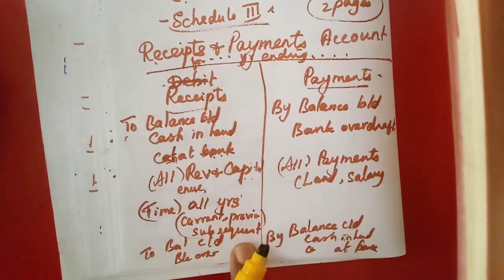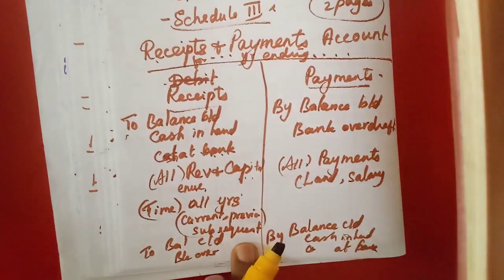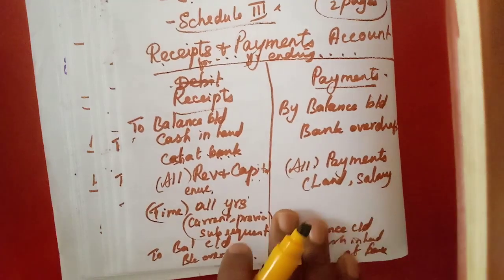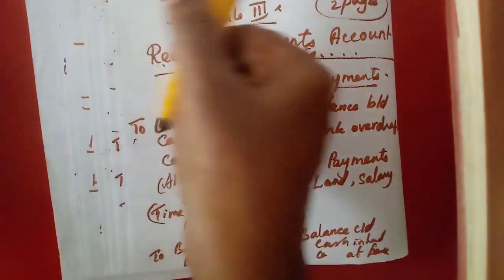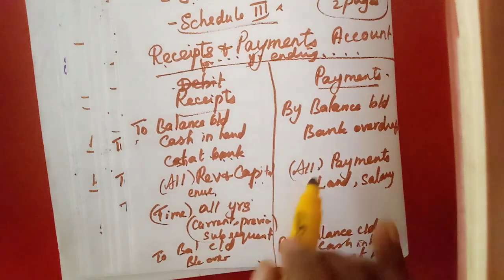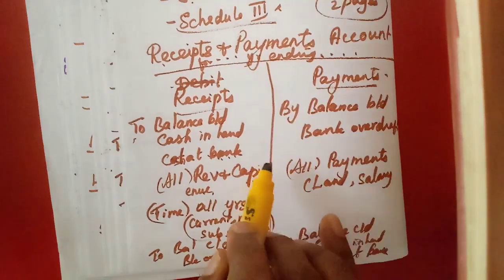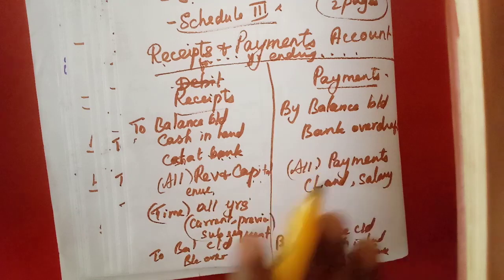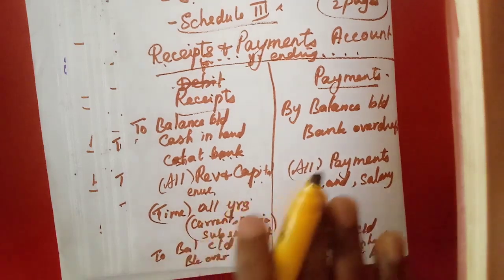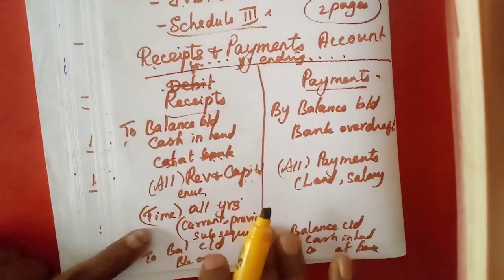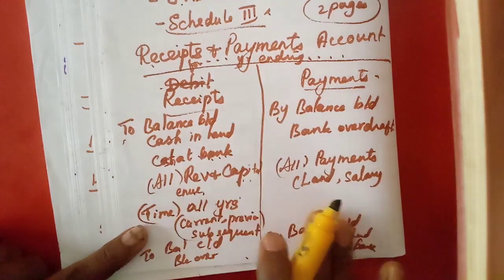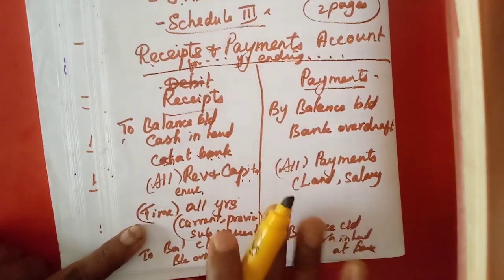But in accounting concept we have studied that in the profit and loss account, that is here in the income and expenditure account, we should worry only about that year's income and expenditure, which must be entered. But in the receipts and payments account, all the receipts, all the payments can be entered.